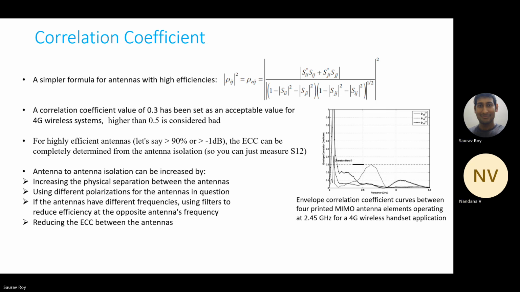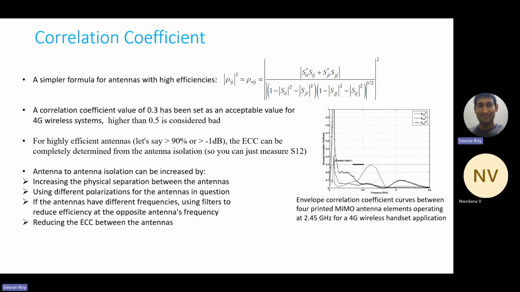What are the other options? Using different polarization for different antennas. Let's say we have one antenna with right hand circular polarization and another with left hand circular polarization. If we can do that, the correlation will be 0. Not exactly 0, but theoretically it is 0. In practicality, it will be different.